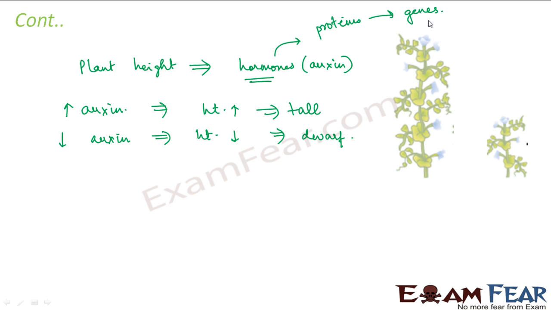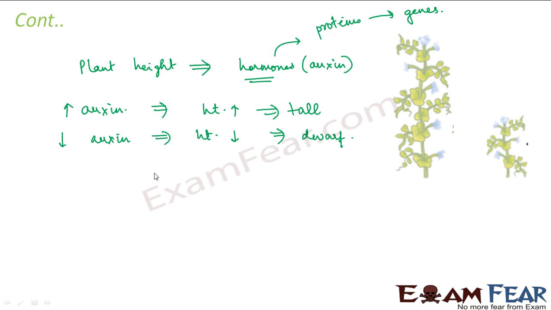Now if there is some alteration in the gene, that means there will be some alteration in the synthesis of proteins. So if the proteins synthesized are less, then the auxins produced will also be less, therefore the plant will be dwarf. Right? So now you see how genes control the different traits present in an organism. This was just an example.